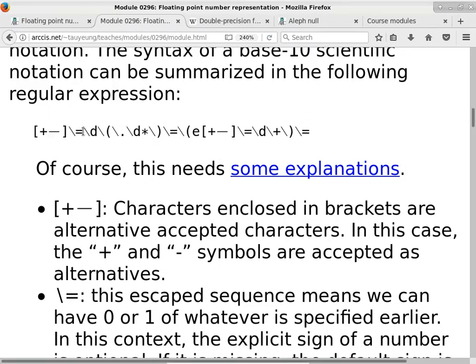Followed by backslash D. Backslash D in vi regular expression means a digit, which is 0 to 9. So backslash D is really the same thing as open bracket 0, 1, 2, 3, 4, all the way up to 9, or 0 dot dot 9. Is that okay? It's a shorthand.